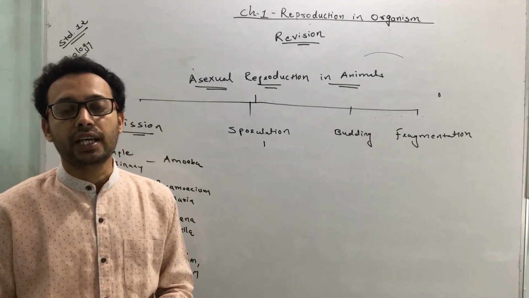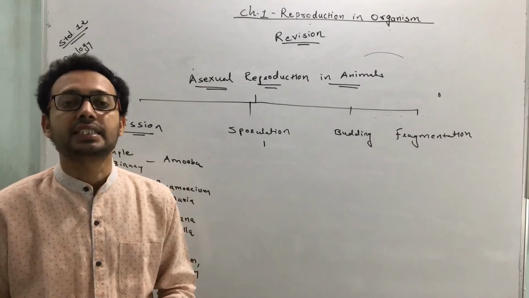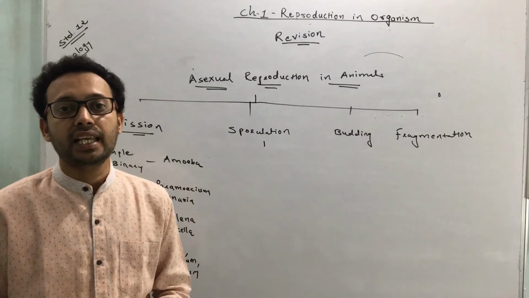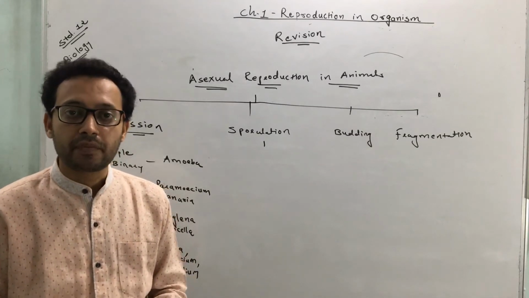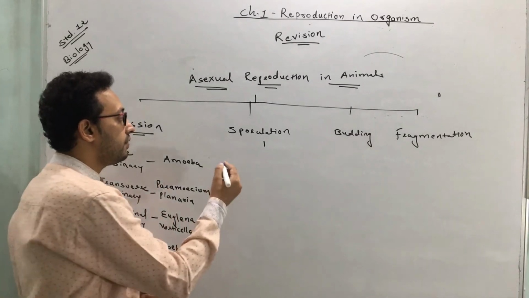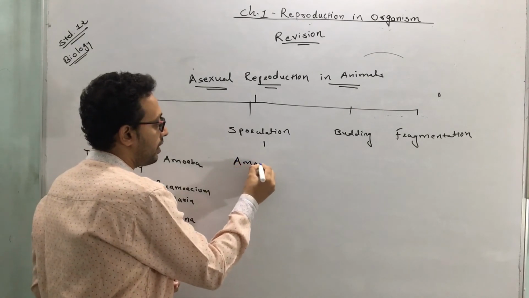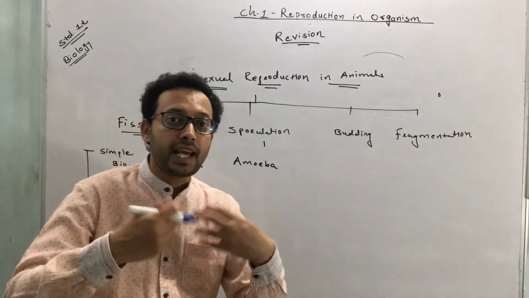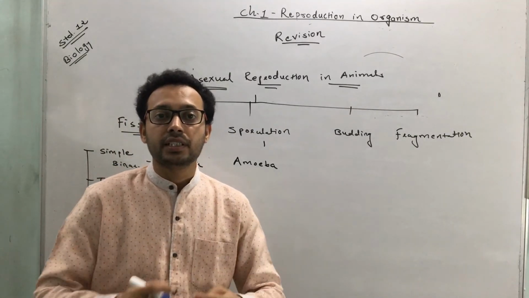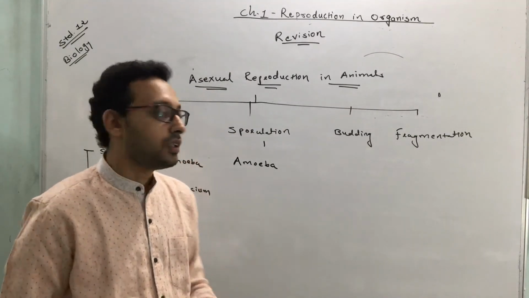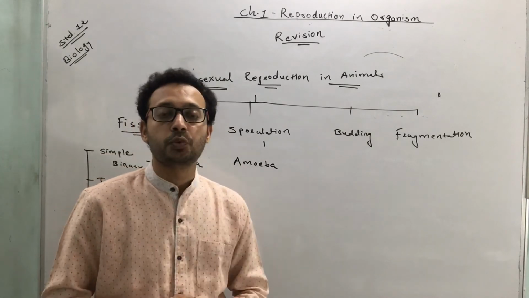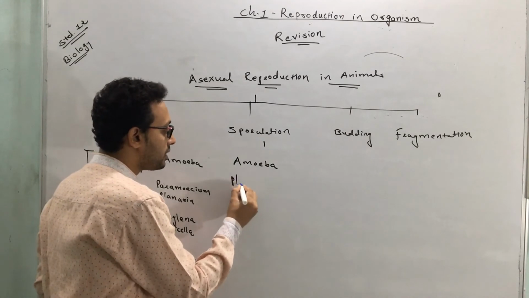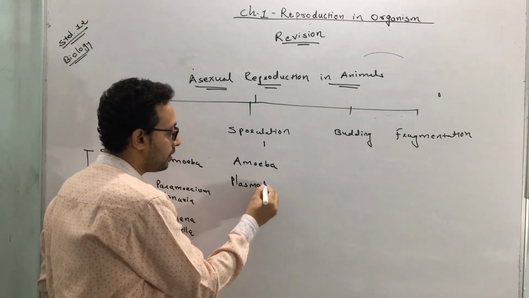These layers are called a cyst, and the process of formation of this layer is called encystation. Once the layers are formed, the organism becomes protected, and as it gets a favorable condition, it starts to multiply. This is called the sporulation process, which is observed in amoeba as well as in plasmodium.